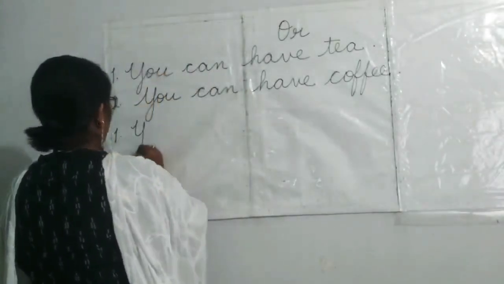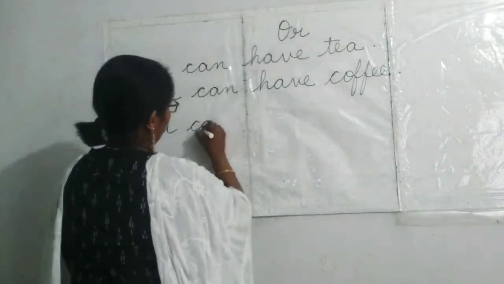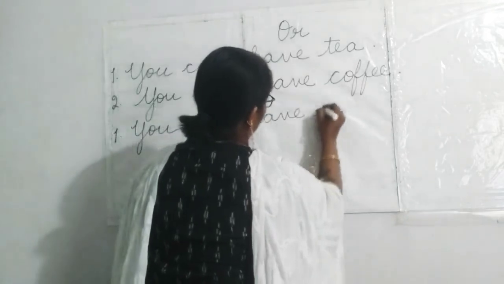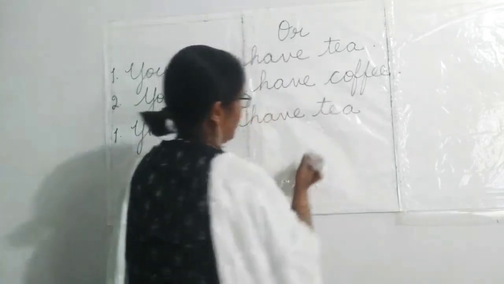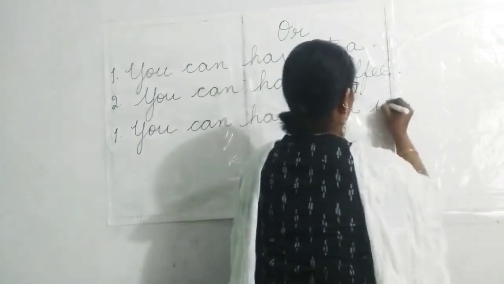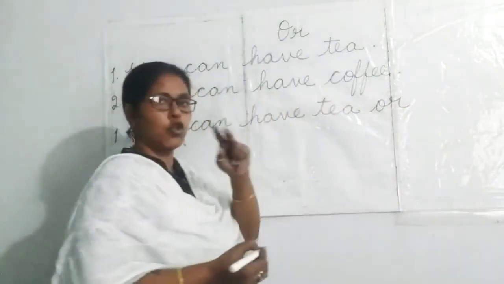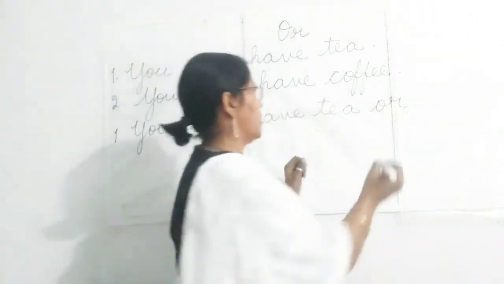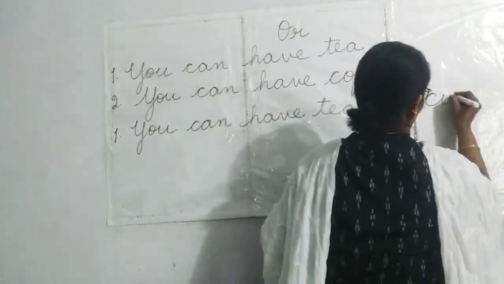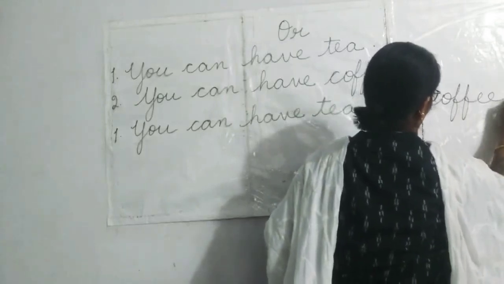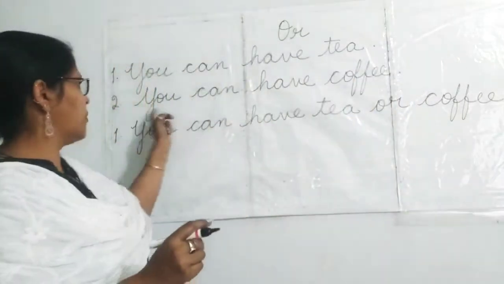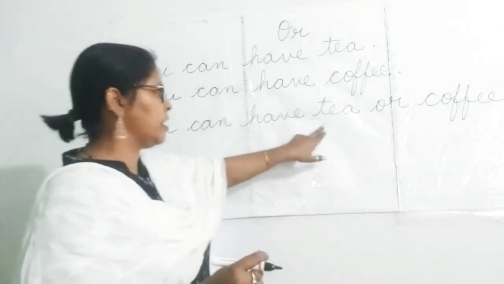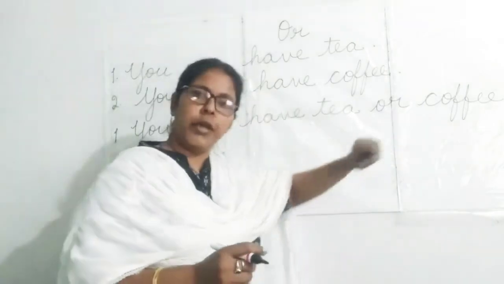First one, you can have a choice, no? Between tea or coffee. We will not copy the full sentence from here, okay? We just write, you can have tea or coffee, okay?